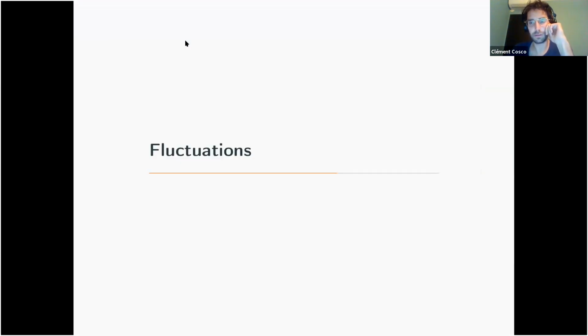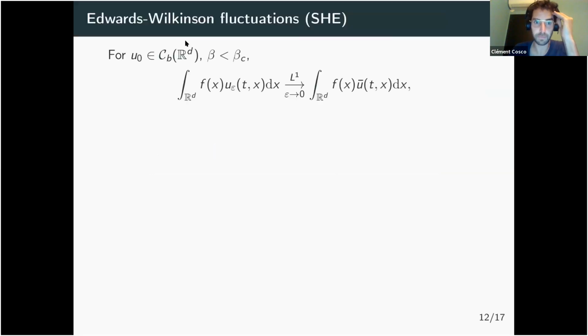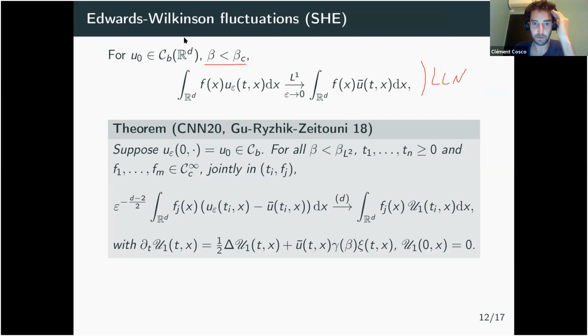So let me talk about now, we've seen the first order approximation when epsilon goes to 0, and I want to go a bit now about the fluctuations you can obtain. Let me say again that in the whole weak disorder region, you have this law of large numbers when you integrate over the density function the solution U epsilon.